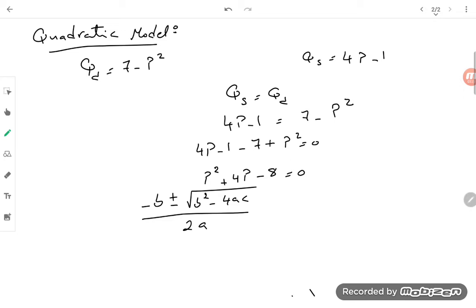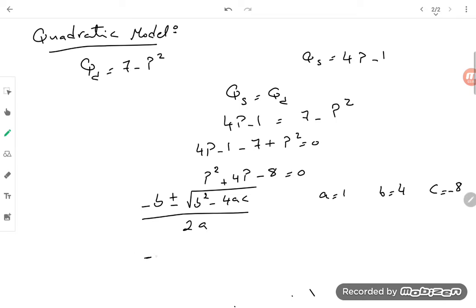From the equation, a is 1, as it's 1 b squared, b is 4, and c is negative 8. Now we are going to substitute in the quadratic formula in order to find the value of b.